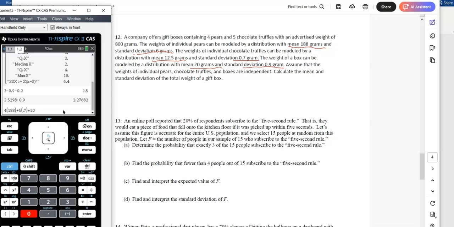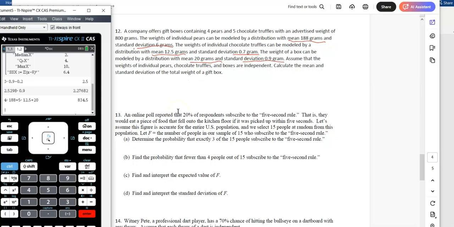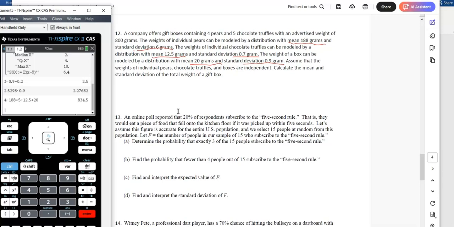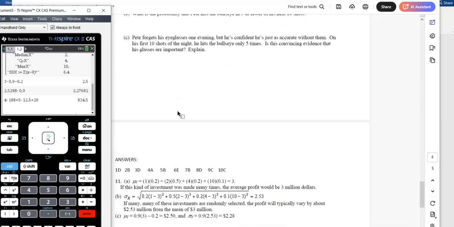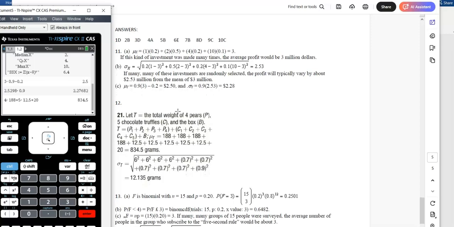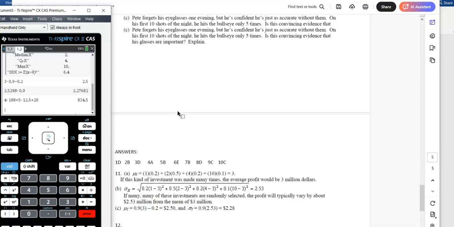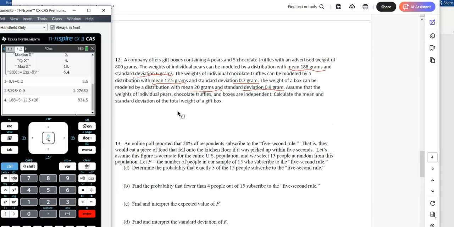Let's see, 188, 12.5. Okay, calculate the mean of the total weight. So 834.5 grams. I'm going to check number 12. 834.5 grams. That's correct. Standard deviations you cannot just add, right?